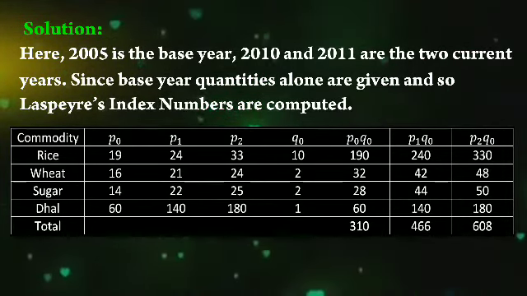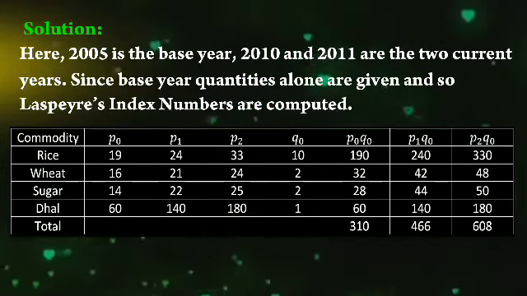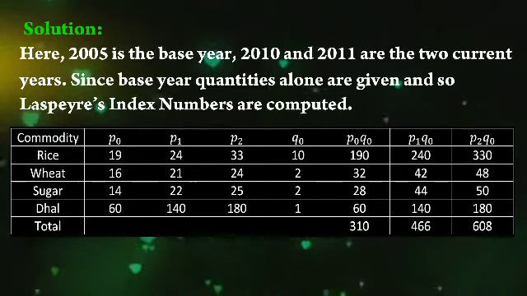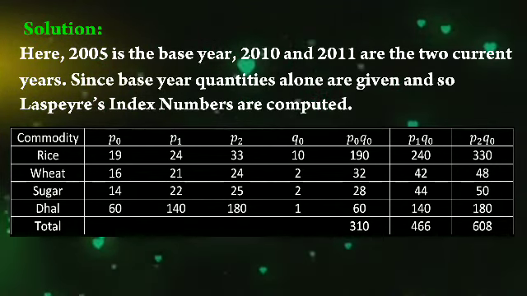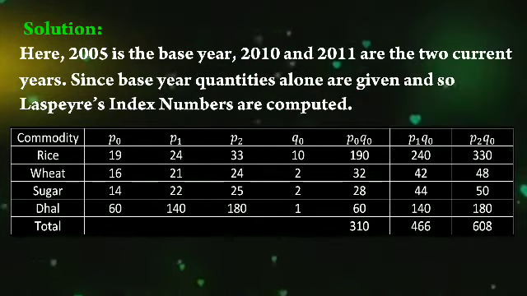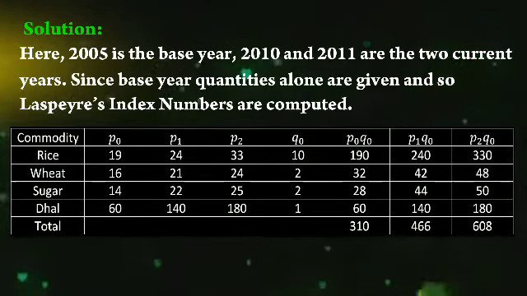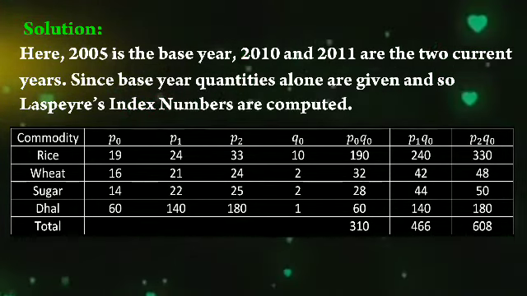Now, in order to find the Laspeyres price index number, you should find the product of 2 sets of data. Here you should compute 2 index numbers, for which, since the base year is the same, the denominator value will be the same for both index numbers, but the numerator changes, right? So first, you should find the Laspeyres price index for the year 2010.